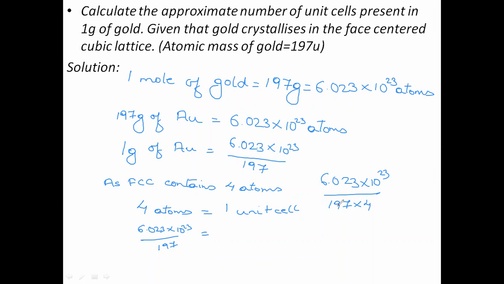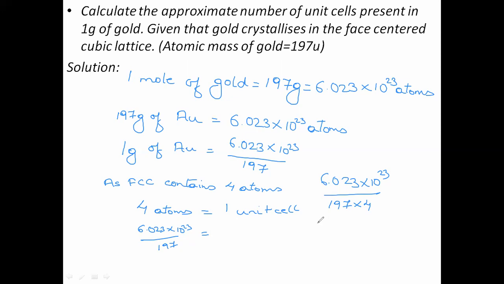So that is the basic concept. First, we find out the number of atoms in 1 gram of gold, or whatever gram of any substance is given. Once we are done with that, we need to know what type of unit cell it forms. We know that it forms face-centered, so face-centered means 4 atoms. That means 1 unit cell is equal to 4 atoms. So this many atoms will form how many unit cells? Divided by 4.